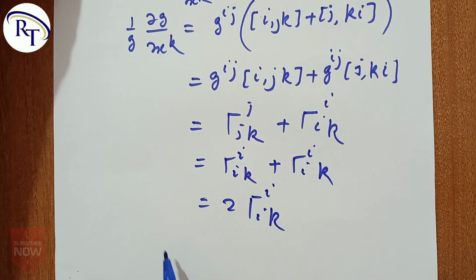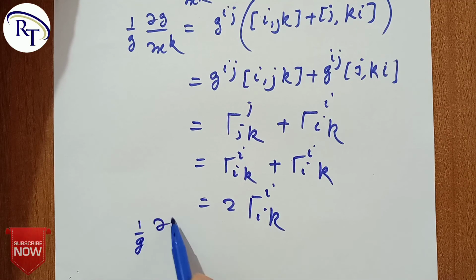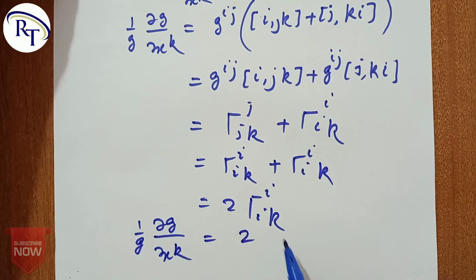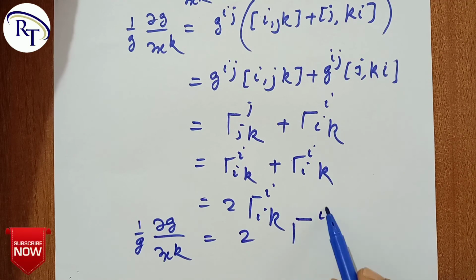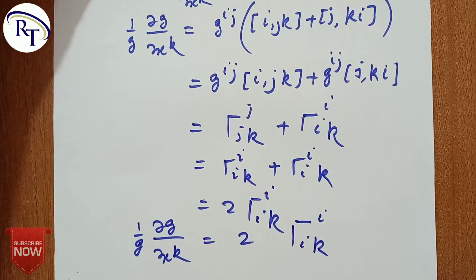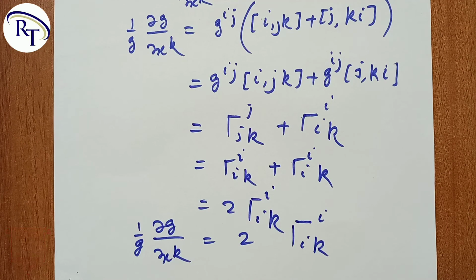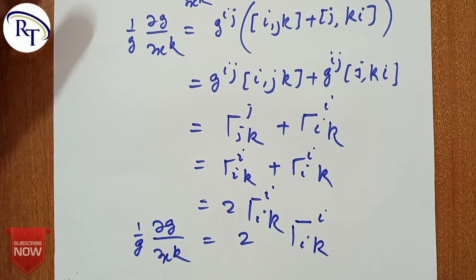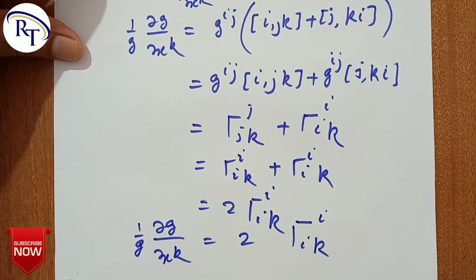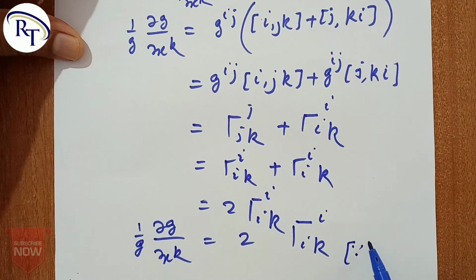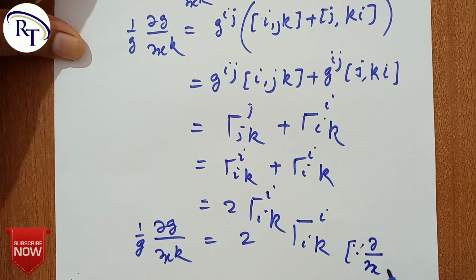So (1/g) ∂g/∂x^k is equal to 2Γ^i_ik. And (1/g) ∂g/∂x^k is nothing but ∂/∂x^k of log g.